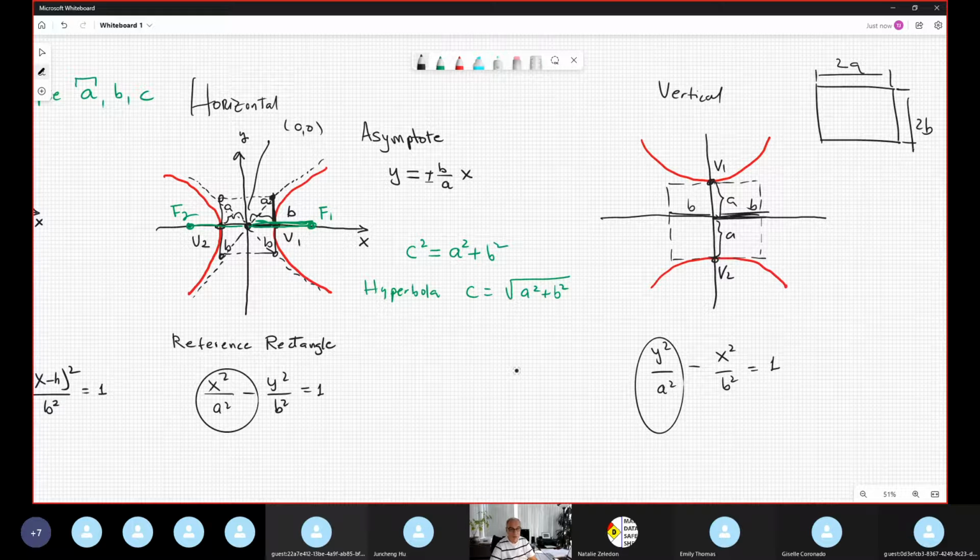Wait, I made a mistake. This is 2a, and this is 2b. In the horizontal case, this is 2a here. Look, vertical, and this is 2b. Okay. And again, our asymptote looks like that.